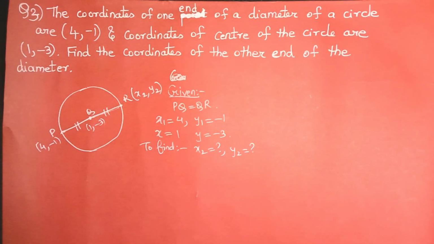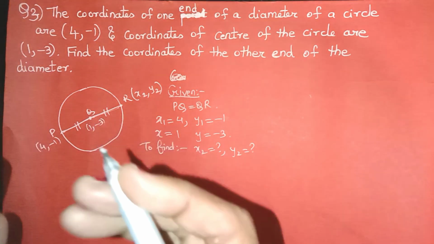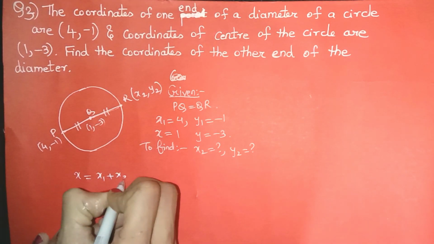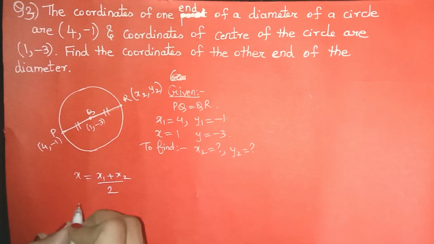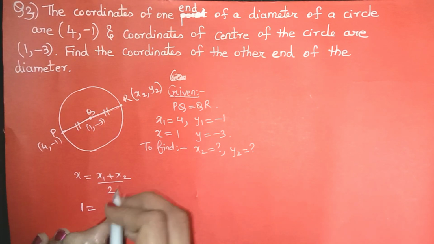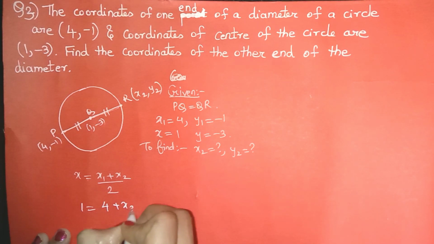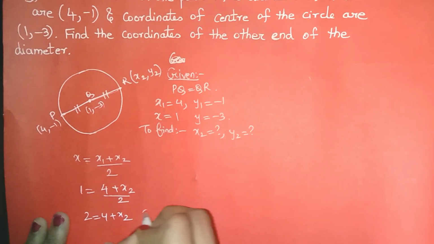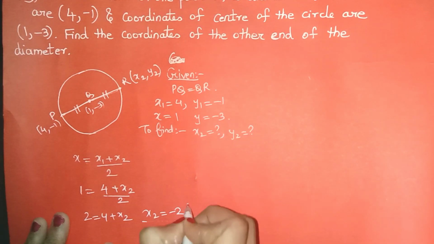So which formula is best suited? Yes, it is the midpoint. Q is the midpoint. So let's write the midpoint formula. Right? So what is x here? X is 1, x1 is 4, x2 we have to find out. So 2 equal to 4 plus x2. So what is x2? Yes, it's minus 2, friends.